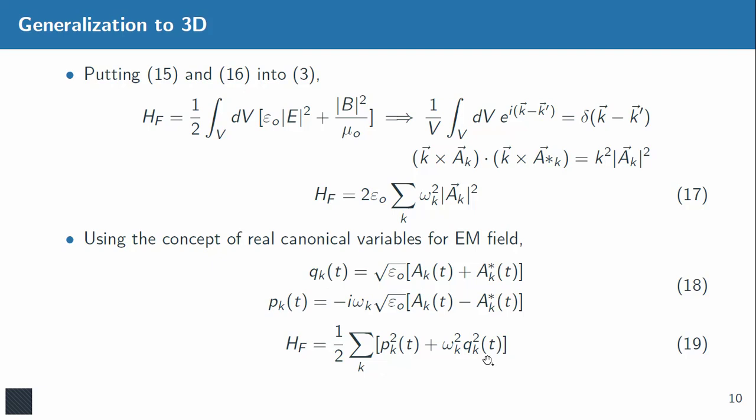And this is precisely the Hamiltonian of discrete harmonic oscillators, where discrete harmonic oscillators are just the individual modes of the electromagnetic field. So we could take this idea from our classical electromagnetic theory and give it a quantum touch.